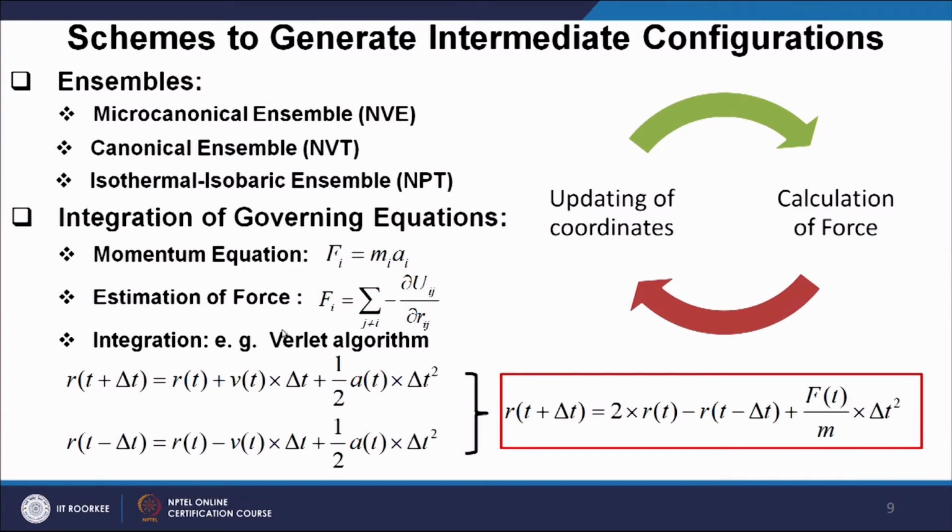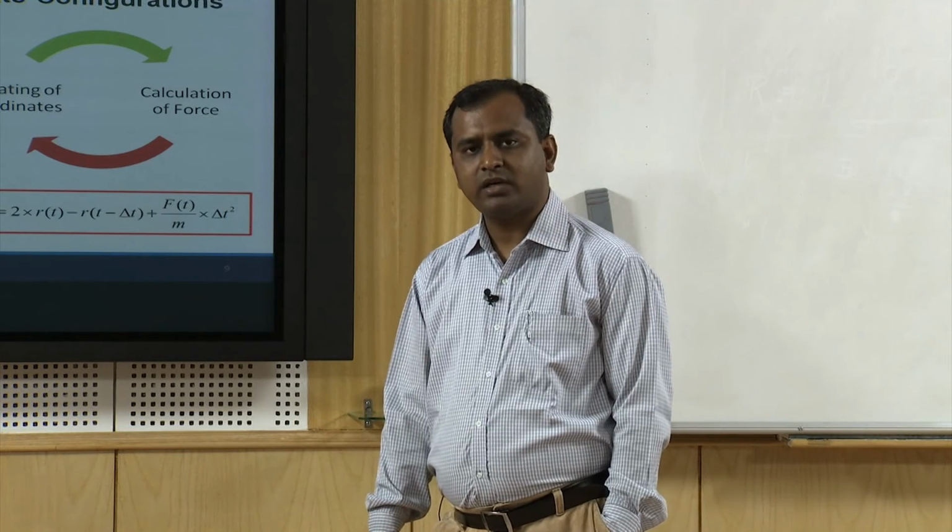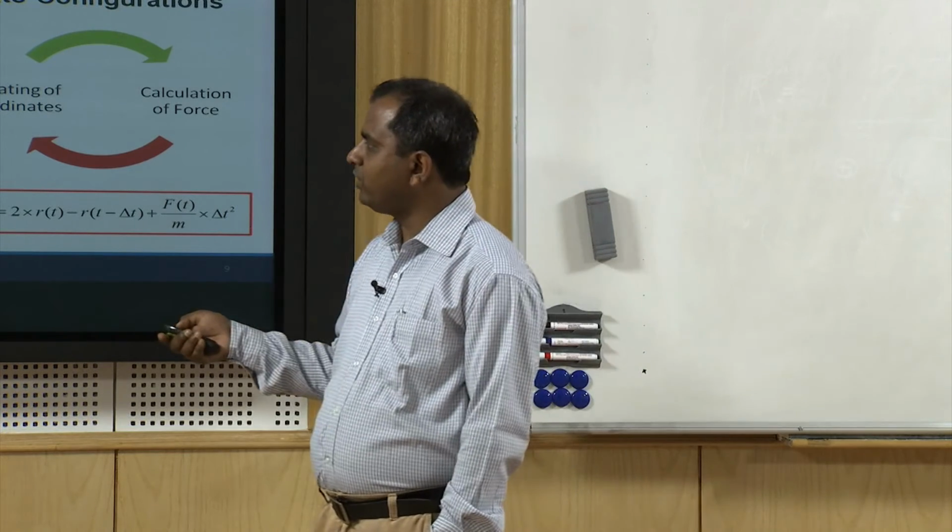So, Fi will be the summation of all the potentials, non-bonded and bonded potentials, and the del R of that potential gives you the force, okay. Now, once we get the force, quickly I can find out the acceleration, okay, and using that acceleration we can find out the next position of the molecule. That we do using the Verlet algorithm.